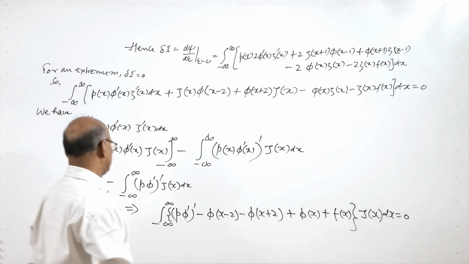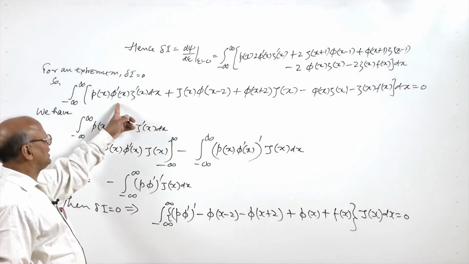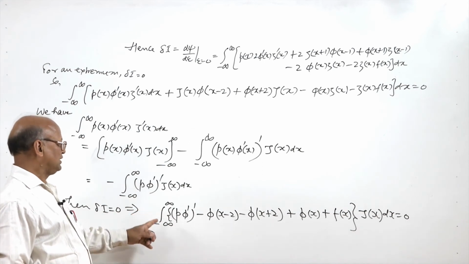When we substitute this value here, multiply the whole equation by minus 1, we get this.